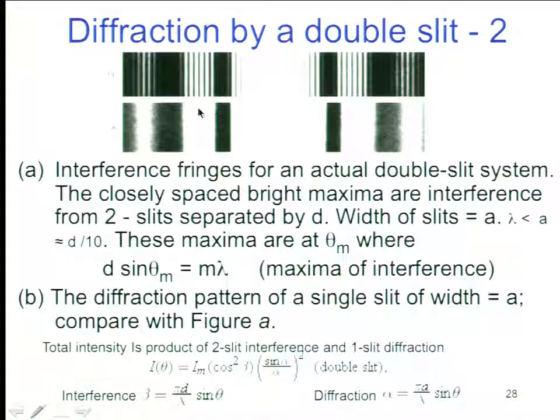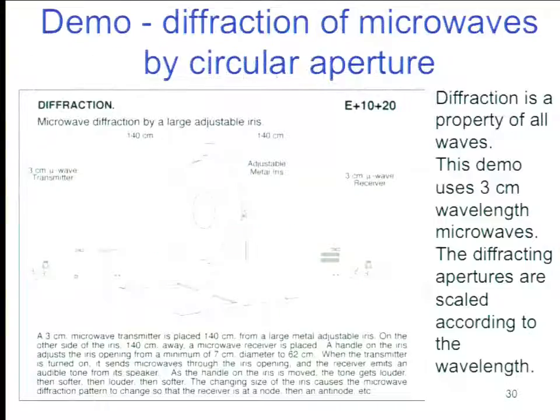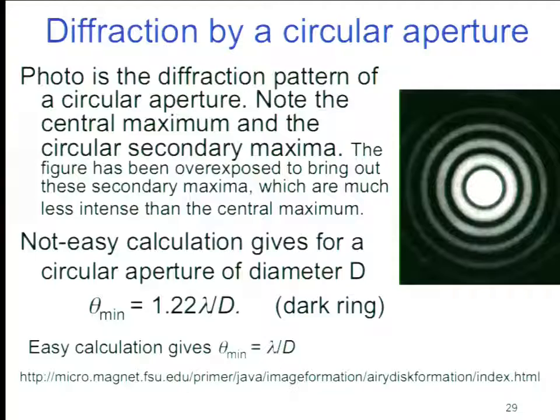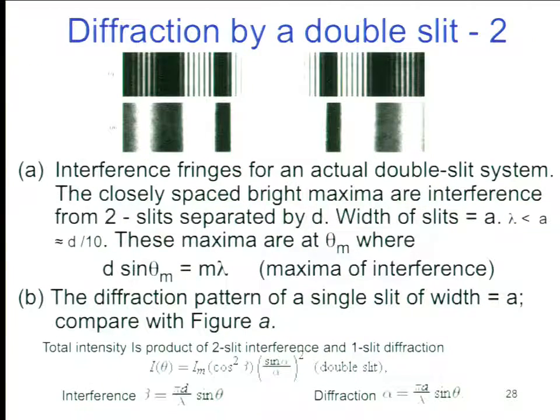So this takes a little bit of looking at, but I just wanted to introduce you to the idea that when you see a complicated pattern, what it is the superposition of all the different things that are diffracting. You have the single slit diffracting in this way, and on top of which you have many of these guys producing a secondary effect, which multiply together to give you the total, rather complicated pattern.